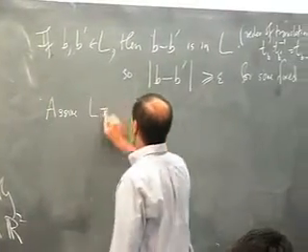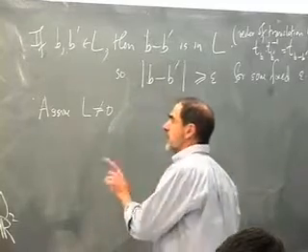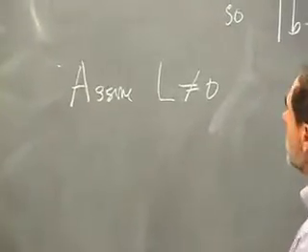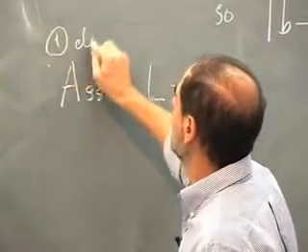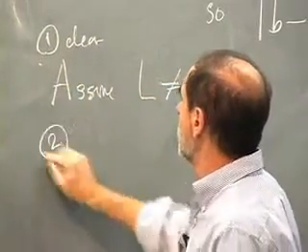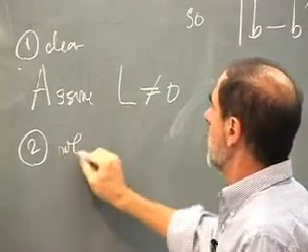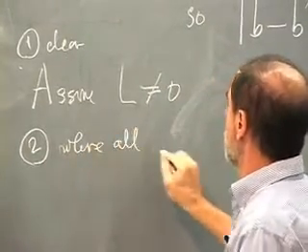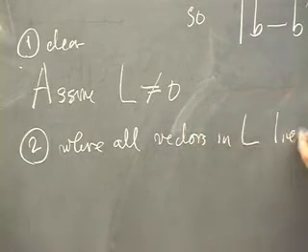L is not equal to 0. And so there are 2 possibilities. Case 1 is clear: you can certainly have L equals 0. Case 2, if L is not equal to 0, is the case where all vectors in L lie on a line.